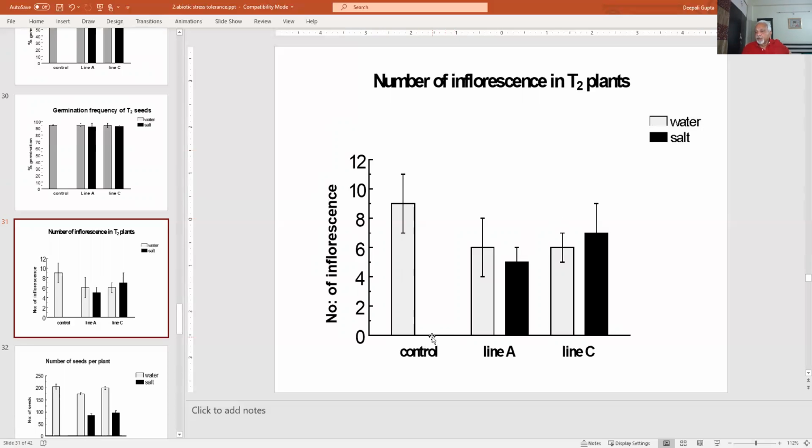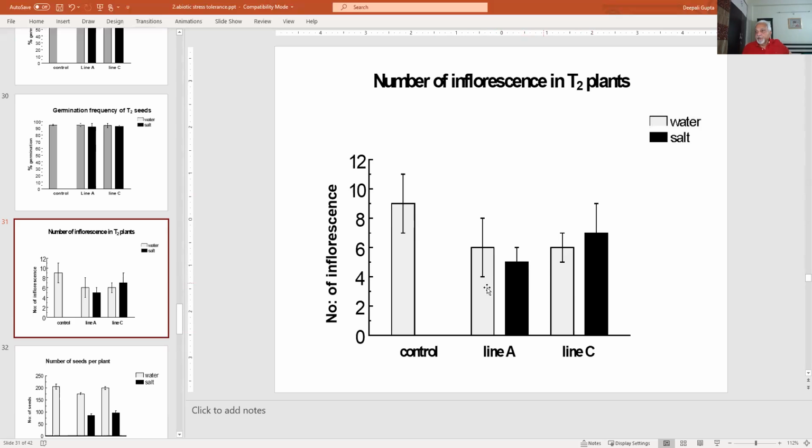So there is no question of any seed set or any inflorescence, basically. But if you see the transgenic lines here, the number of inflorescences is less under control condition as well as under stress. As I showed you, the plants survive and they show inflorescence and the seed set.